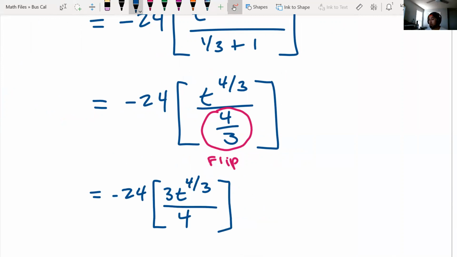Okay. And now we know that 24 over 4 is 6. So that becomes a 1. That becomes a 6. And then you get negative 6 times 3, which will give me negative 18 t to the 4/3 plus c.